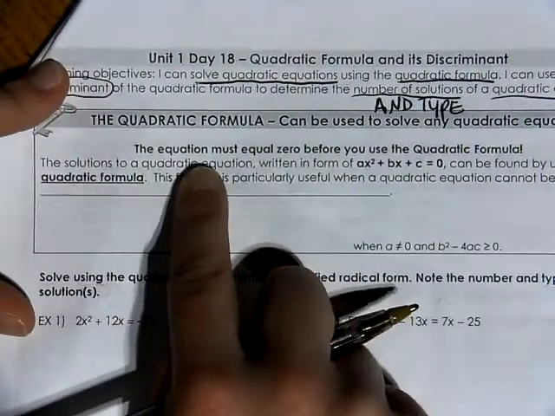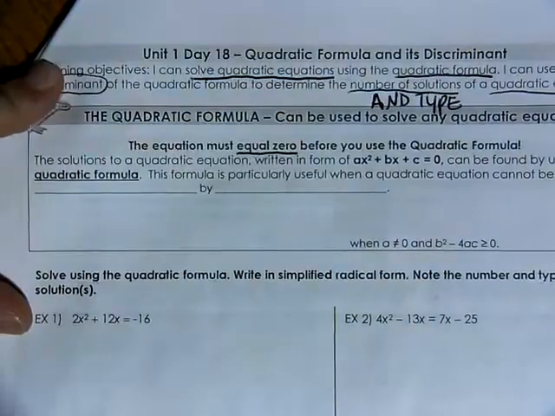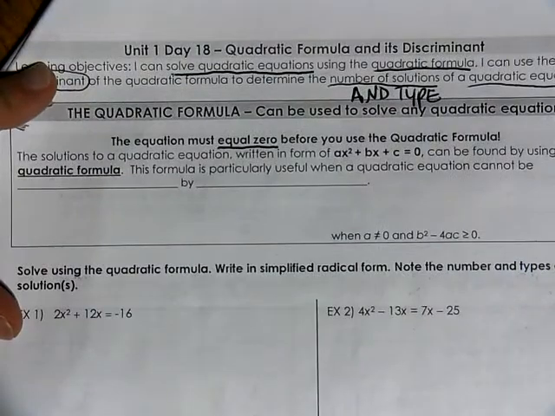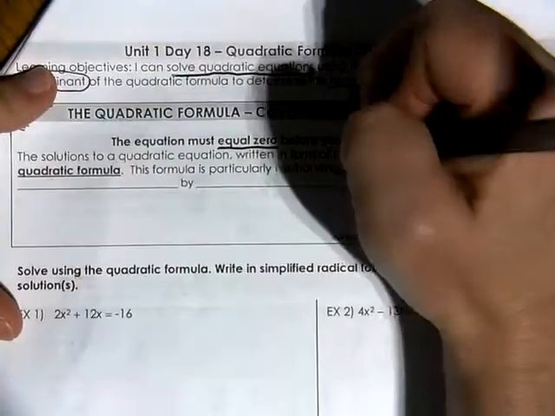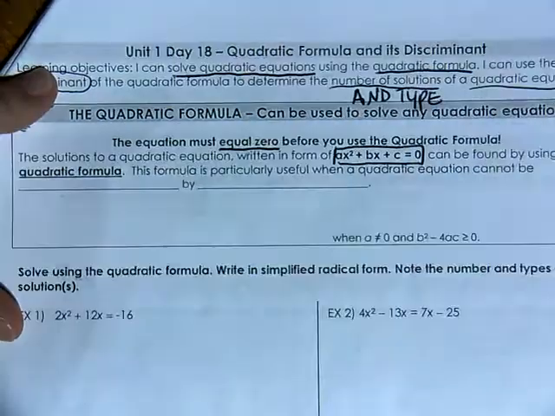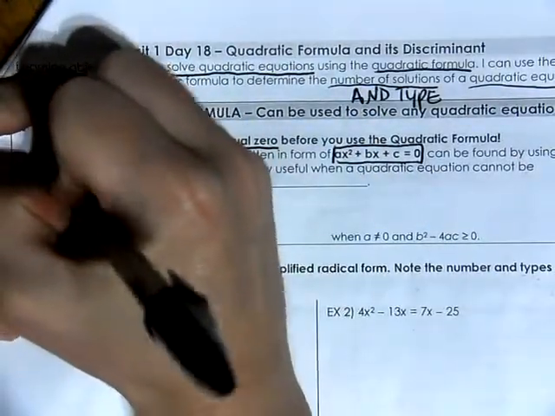The equation must be equal to 0, just like we've had with many of the other types. The equation must equal 0 before you use the quadratic formula. The solutions to the quadratic equation written in the form of ax squared plus bx plus c equals 0 can be found using the quadratic formula. And this formula is particularly useful when a quadratic equation cannot be solved by factoring.